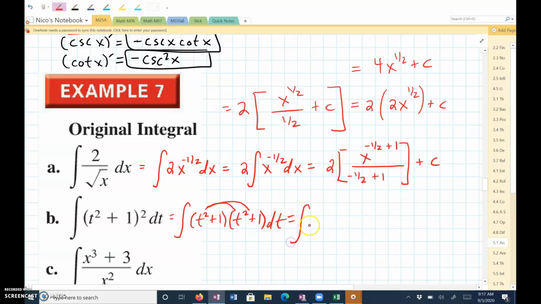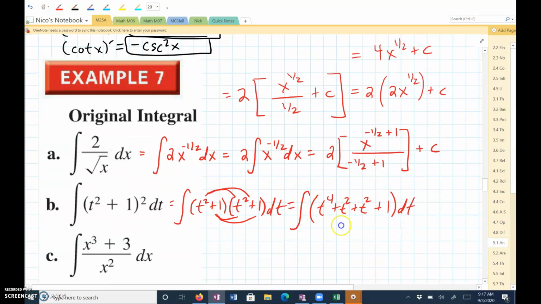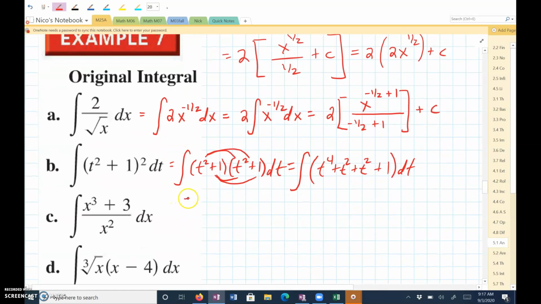I'm going to get t to the 4th plus t squared plus t squared plus 1 dt. So this would be t to the 4th plus 2t squared plus 1 dt.